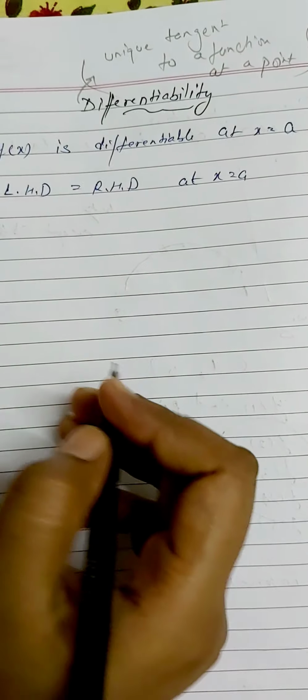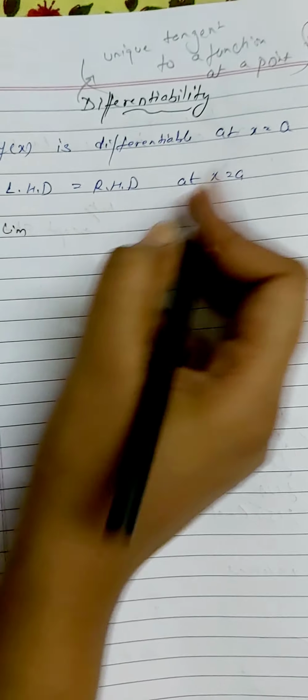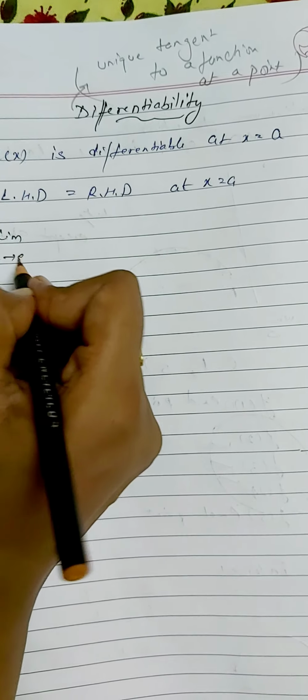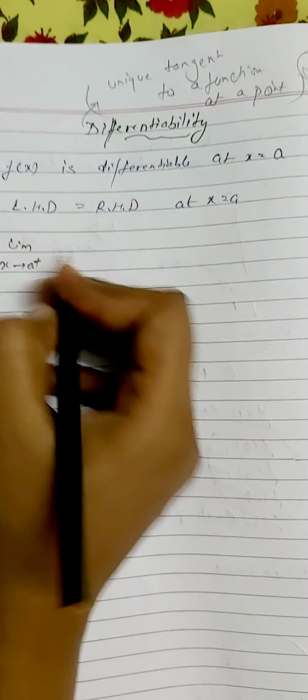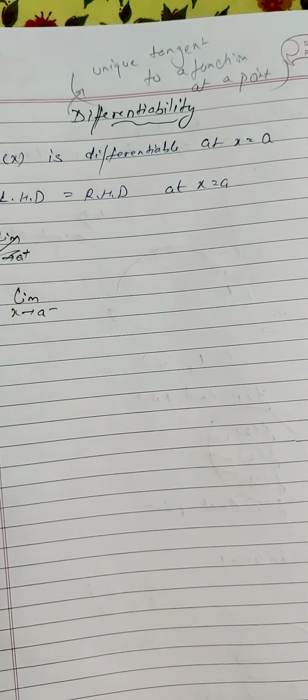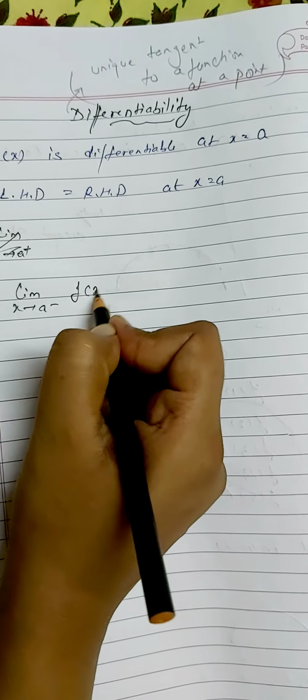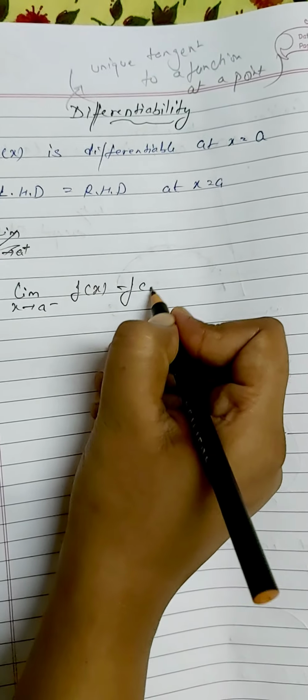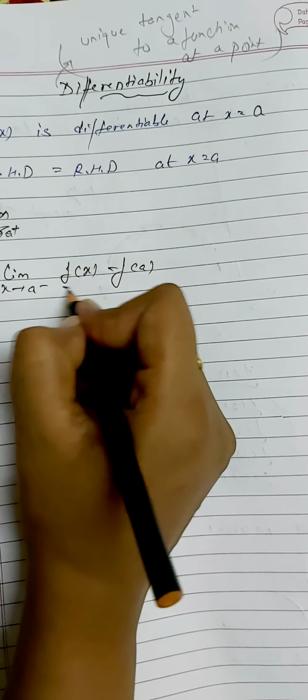So here, as said, left hand limit and right hand limit, writing it with respect to a. Left hand derivative is limit x tends to a minus of (f(x) minus f(a)) divided by (x minus a).